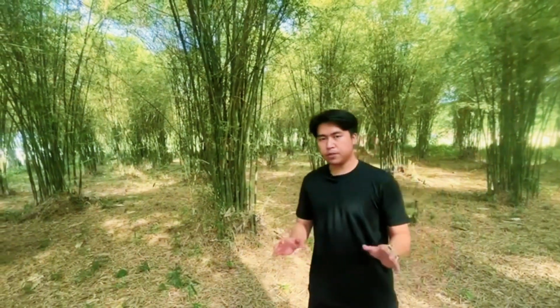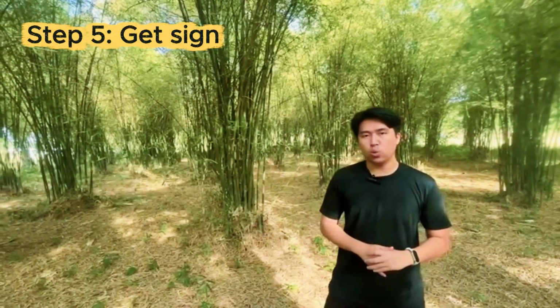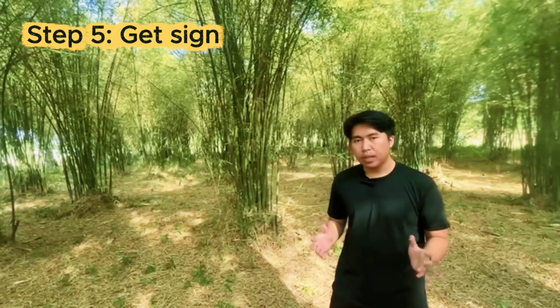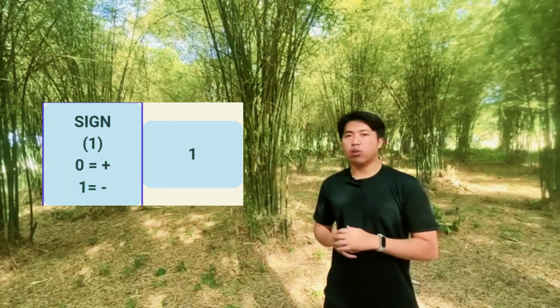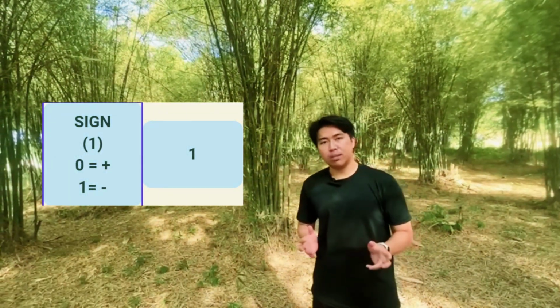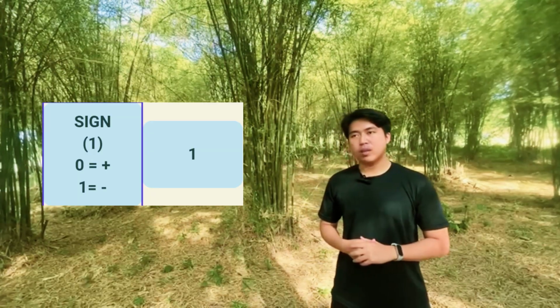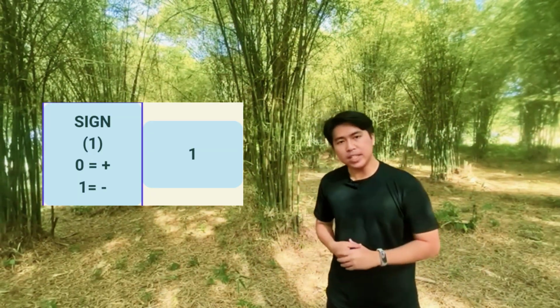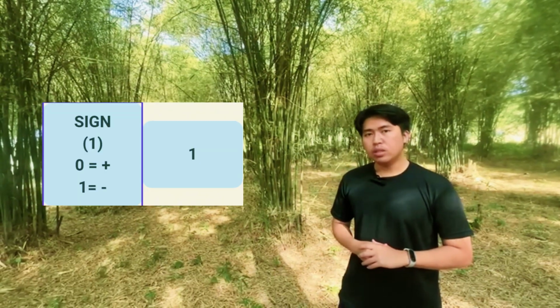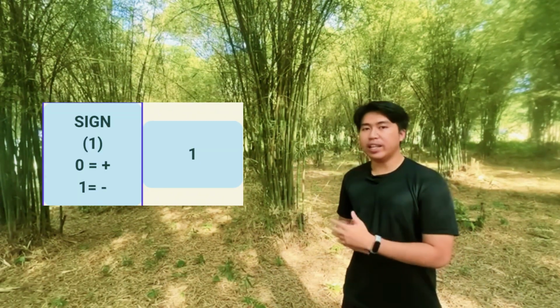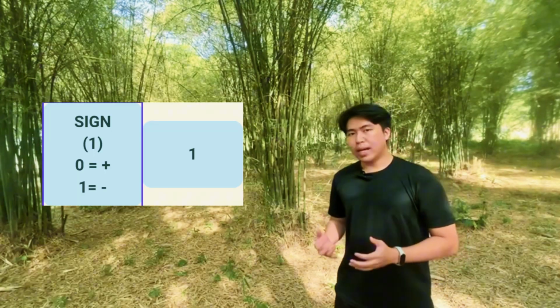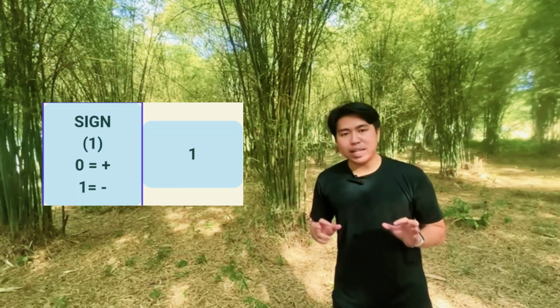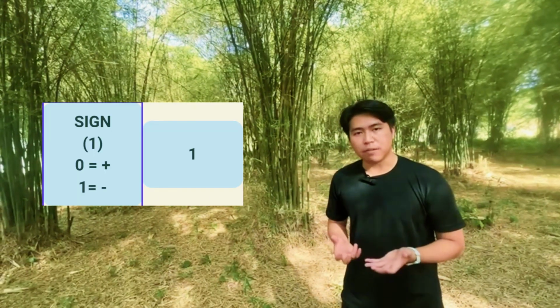So, for the fifth step, we need to get the sign. By looking at the IEEE table at the sign section that has only one binary value. That value will determine our final decimal value that we will get later. But we need to determine whether it is positive or negative.